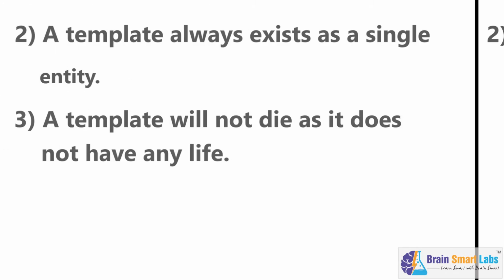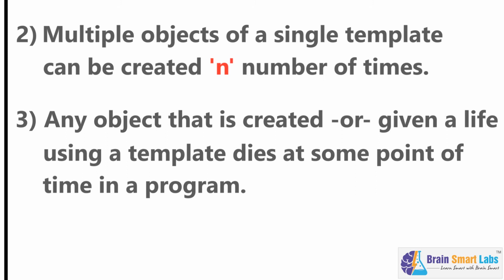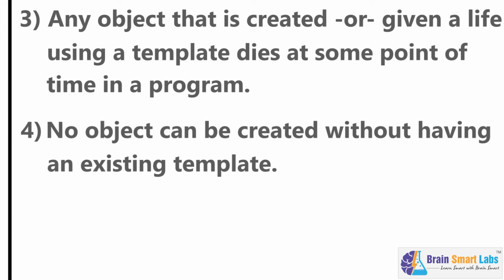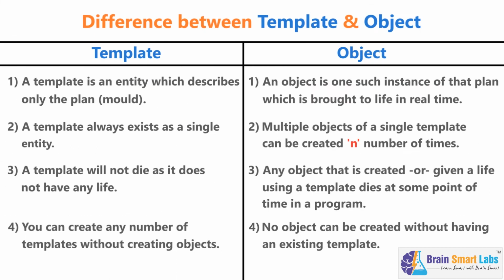A template does not die as it does not have any life, whereas an object which is given life using that template has to die at some point of time in our program. You can create n number of templates without creating any object, whereas you cannot create any object without having an existing template. Well, these are the points you need to tell if they ask this question in your interview.